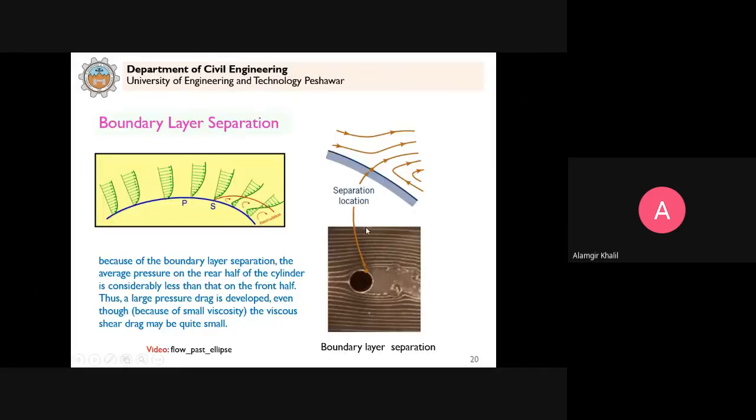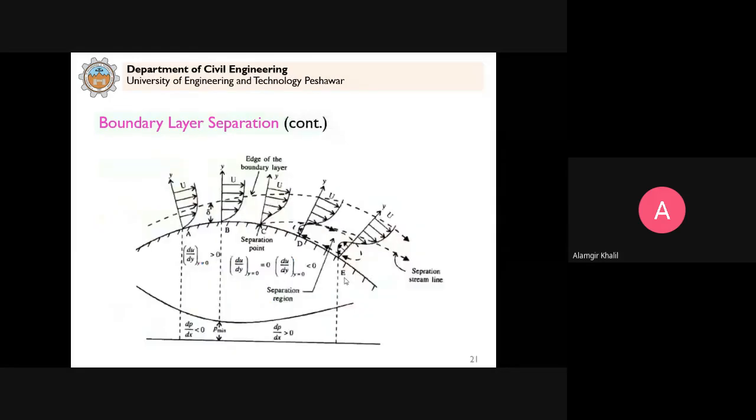Now let us first see the mechanics of this boundary layer separation, why the boundary layer separates, and then we study how to avoid this condition. Clear?